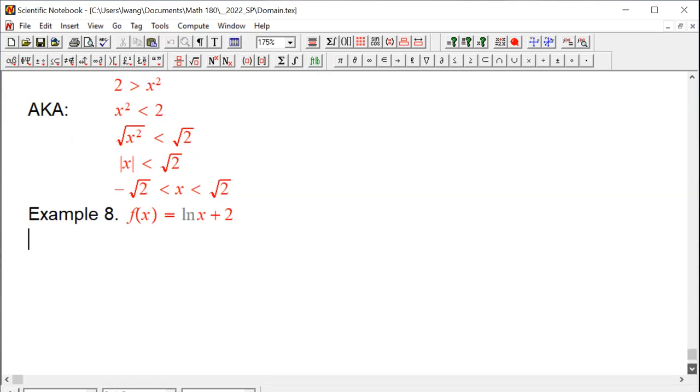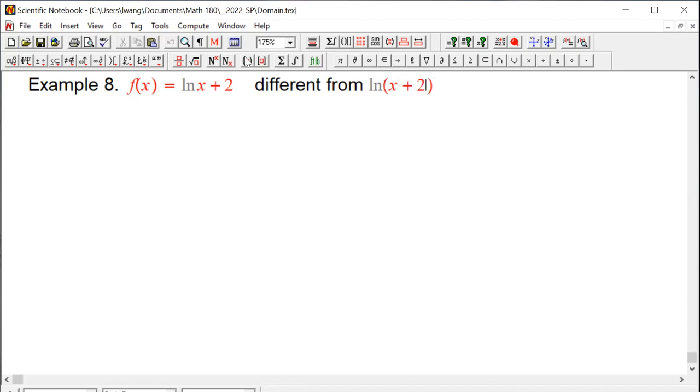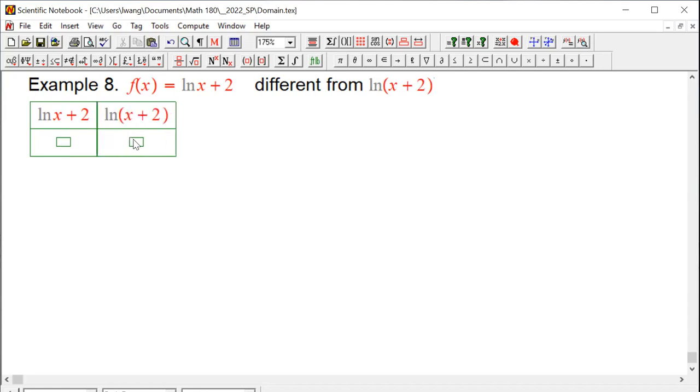I want to put a note here that this function is different from ln x plus 2. They're completely two different functions. For your information, this is very important to understand. So this piece versus this piece, they're completely different in domain and in flow.